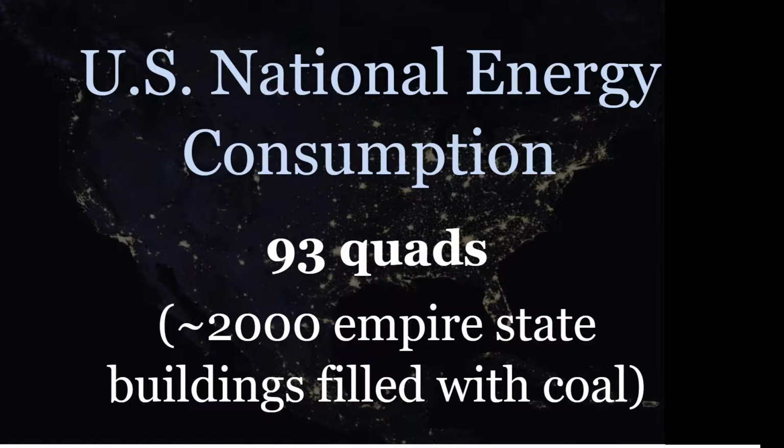So that's roughly 2,000 Empire State Buildings filled with coal. This 93 quads includes everything: the amount of energy you need to generate electricity, for your transportation needs, and that industrial processes need. So the entire US energy consumption is 93 quads.